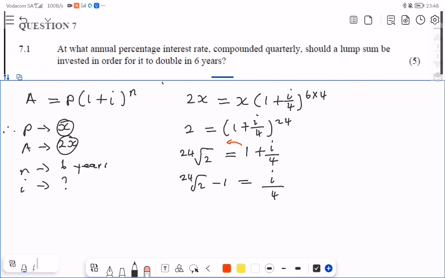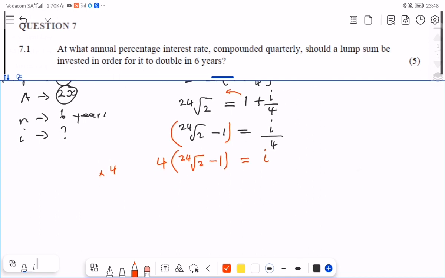To avoid writing a lot of digits, I'm just going to put the 24th root of 2 minus 1 inside the bracket, and I multiply both sides by 4. I am going to be left with 4 multiplied by this bracket equal to interest.